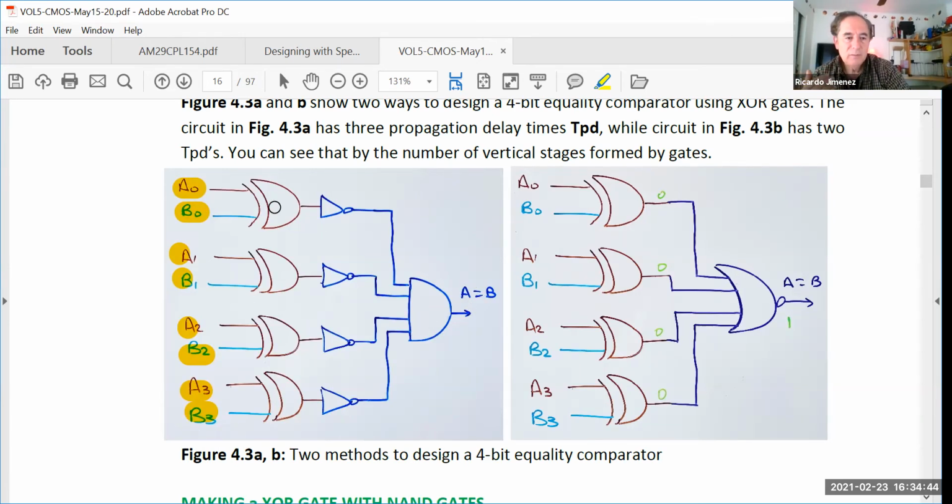So the exclusive OR gate will tell you when they are different, but you want to know when they are equal. So you apply an inverter and you will know when they are equal. So when you have one here, one there, and another one there, 4 ones, 4 bits equal to 1, the AND gate will tell you, because I have 4 ones, my output will be equal to logic 1. That means that they are equal.